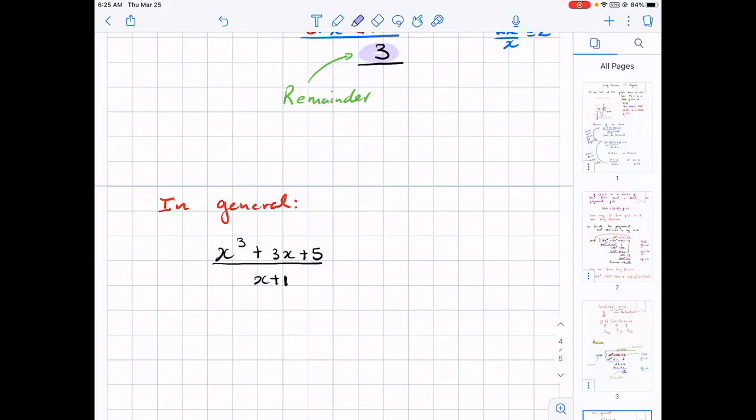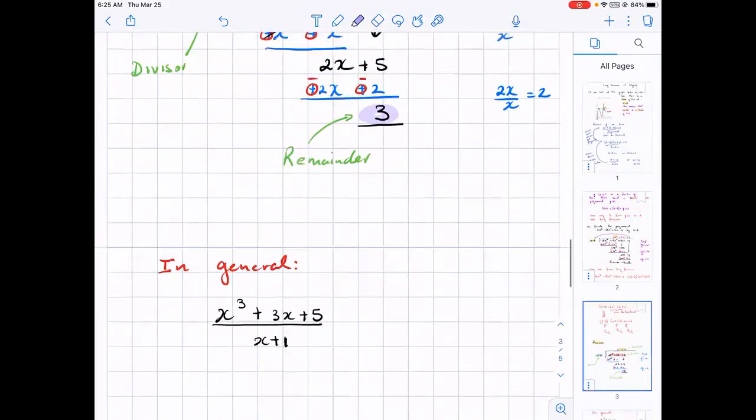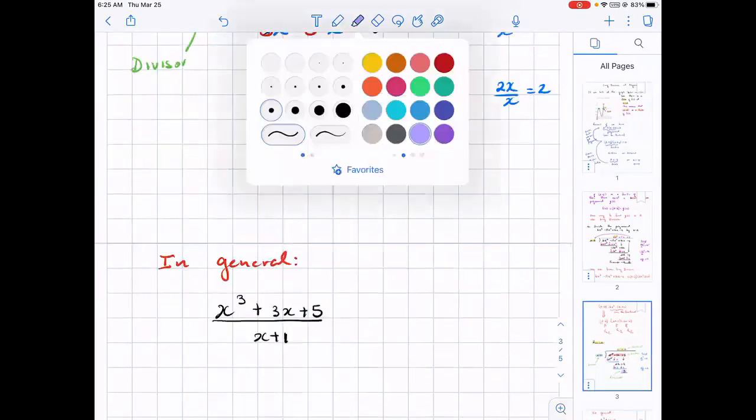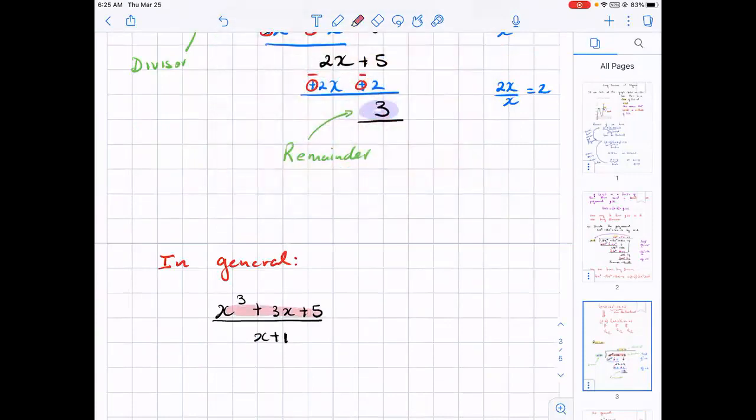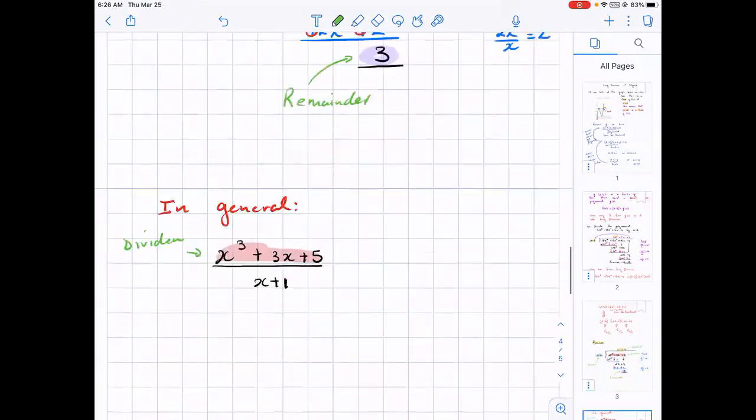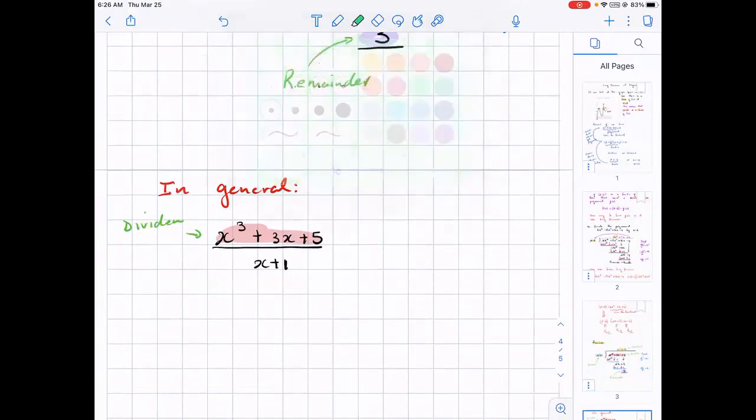This here, we got it red, this here is our dividend, okay? This is the dividend. And the denominator, which I had highlighted green, this is your divisor.